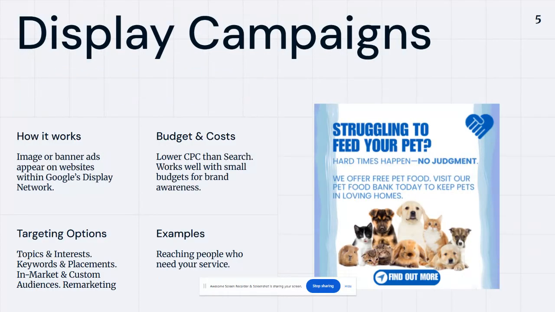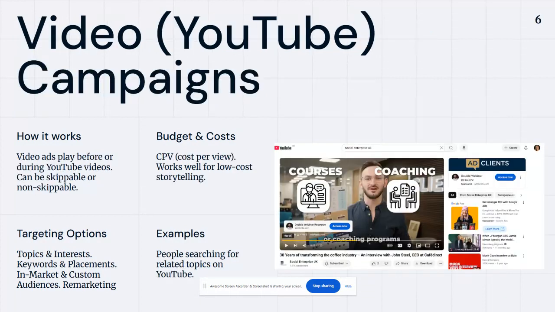So going back to the free pet food. If you want to get in front of people maybe struggling to feed their pets, then instead of just a visual ad, it might be a short video explaining how it works.